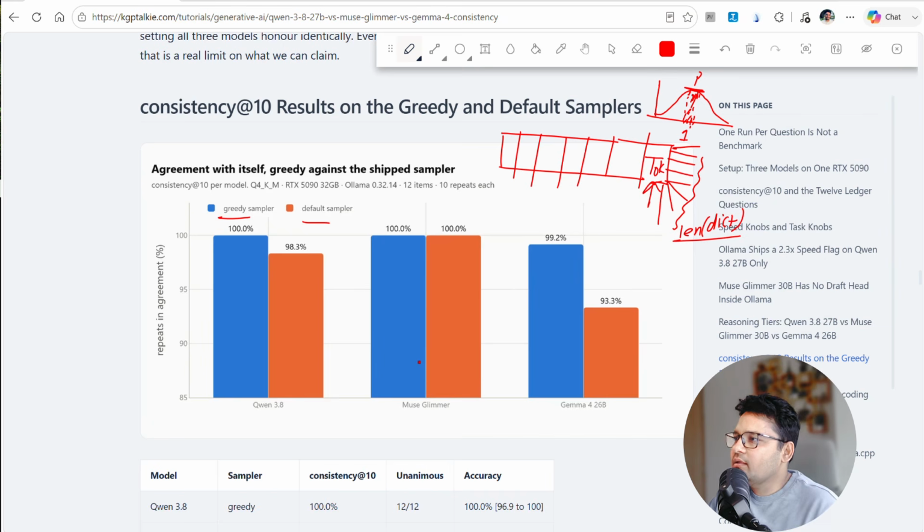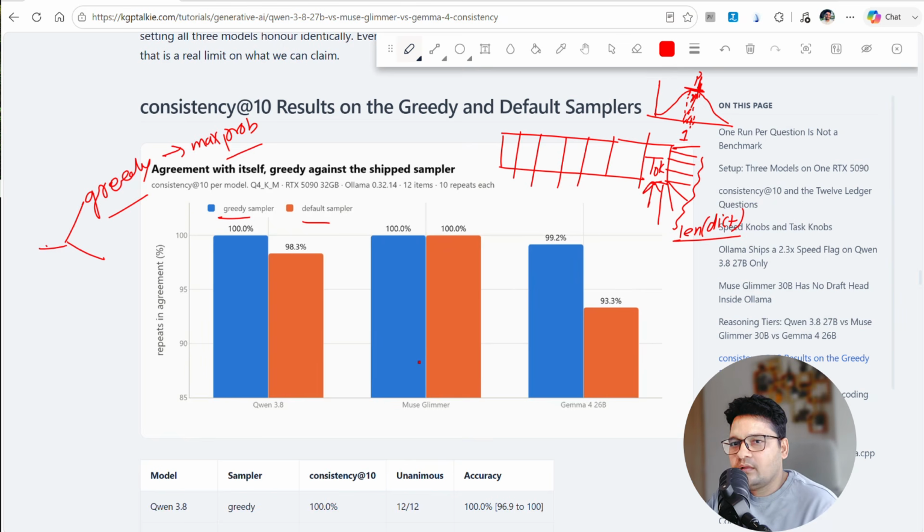Now in decoding, there are multiple techniques. Let me write it here. You will see the greedy one. The greedy one means whatever has the maximum probability, it is just going to select that one.